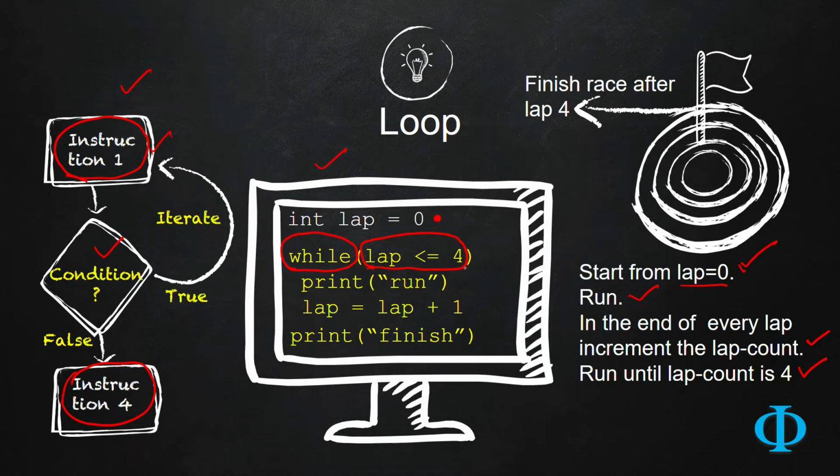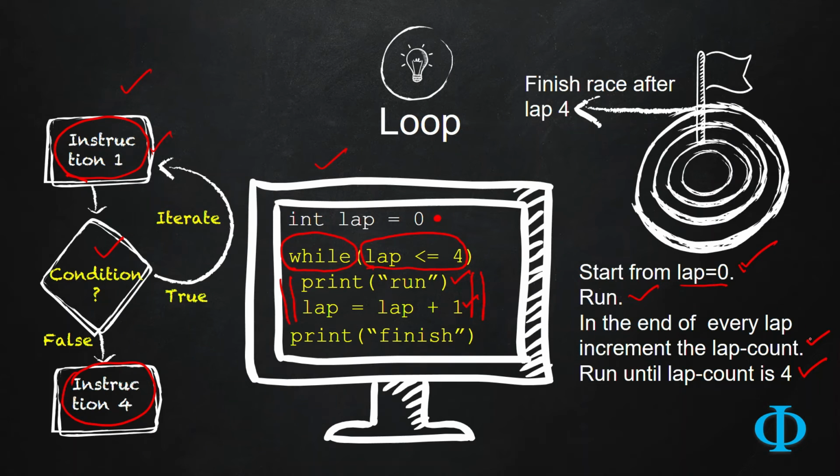Until this condition holds true, all the instructions inside this while loop will be executed. That means when the value of lap is less than or equal to 4, it will first print run, and then at the end of this loop, it will increment the lap count by 1.